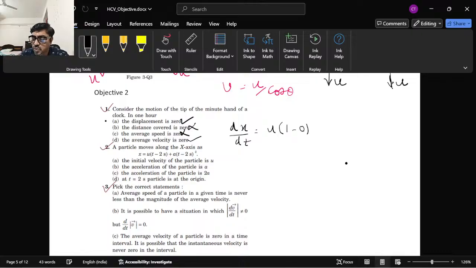Okay, that is over. Next we have the other one, plus a into (t - 2) whole square. So differentiation of that would be 2 into (t - 2) into 1, minus 2 differentiation is 0. So what do I get then? u plus 2a into (t - 2). This is what I get.